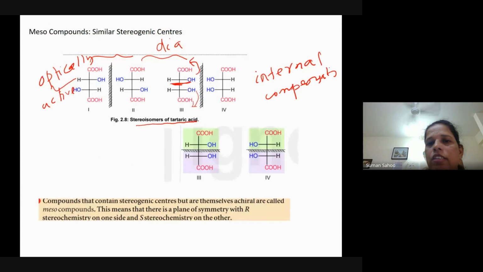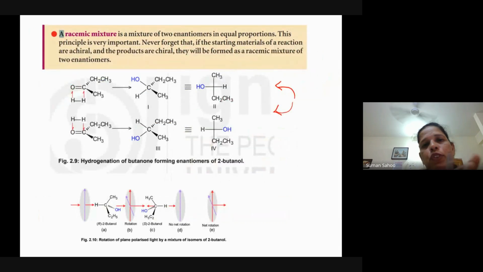In meso compounds, you have internal compensation, because the optical inactivity is within the molecule. There is a plane of symmetry in the molecule. But in this case, when two enantiomers are mixed in equal proportions, there would be no rotation of plane polarized light.